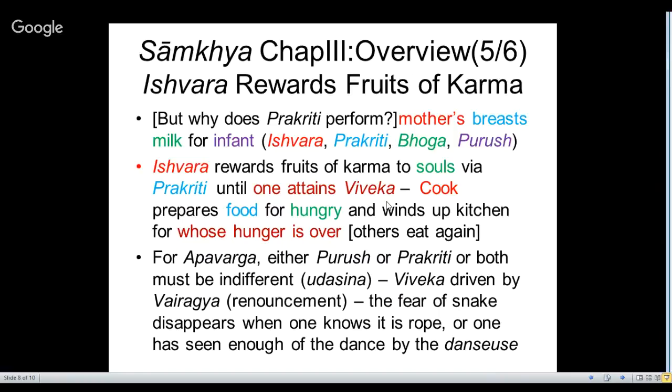Here he gives an example. Sudvat Pake. Sud is a person who cooks food, and Pak is cooking the thing. So I thought I will give you that analogy, because here it is a reference to rewarding fruit of karma. Somebody is hungry, that is a pain, and somebody prepares food for him.